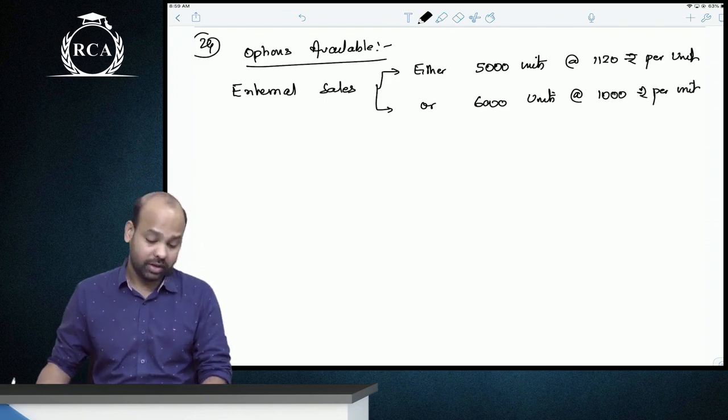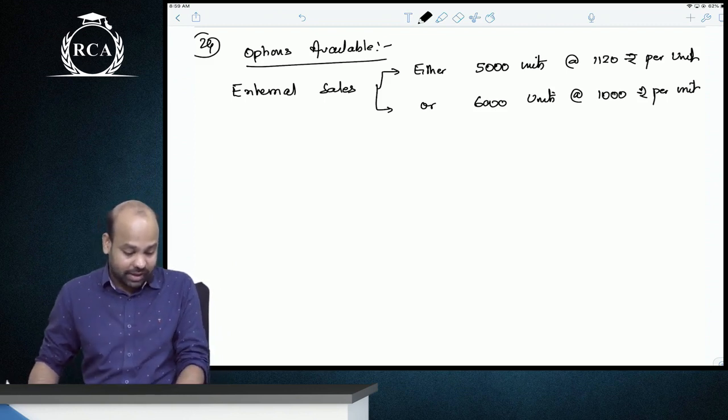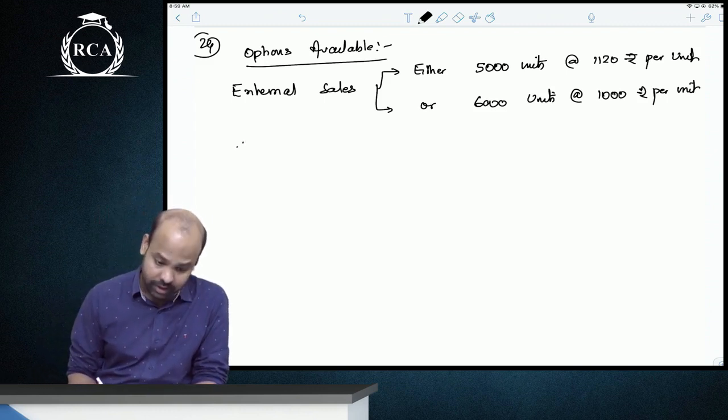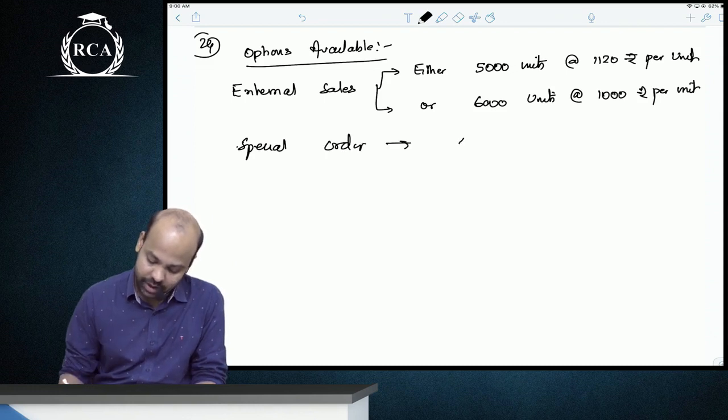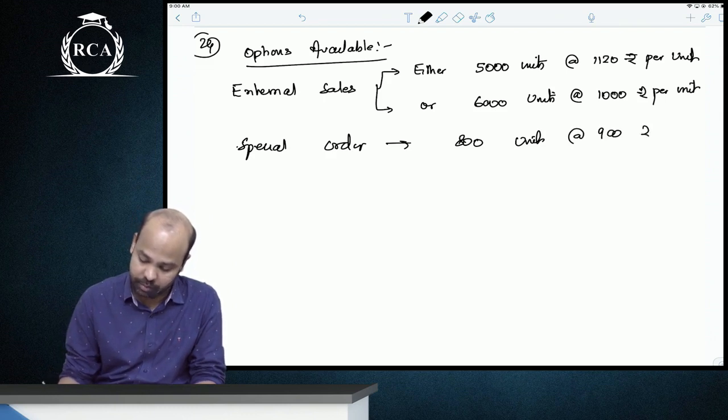Either 5,000 units or 6,000 units. And then there is a special order for 800 units at a price of 900 rupees per unit.